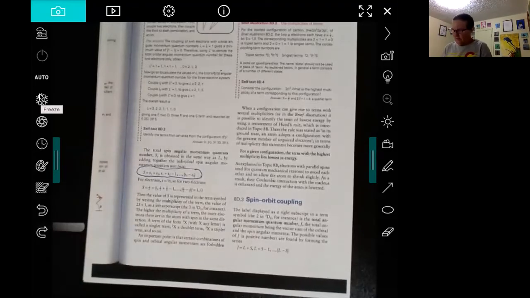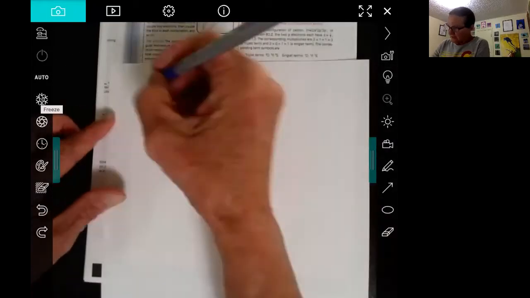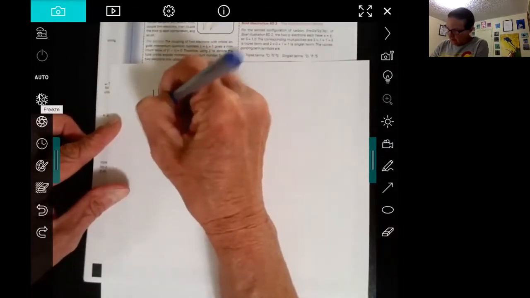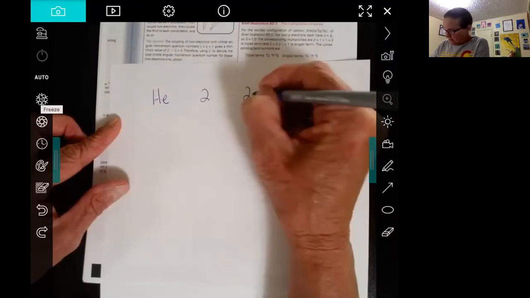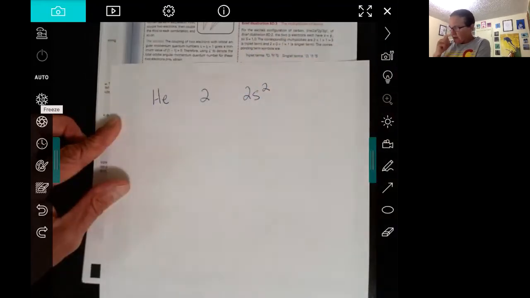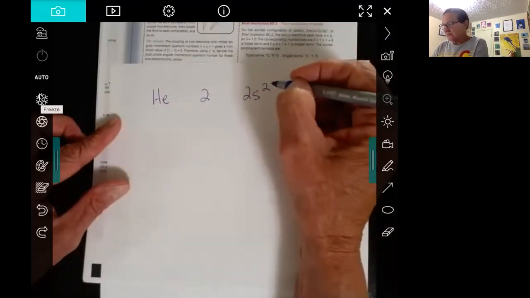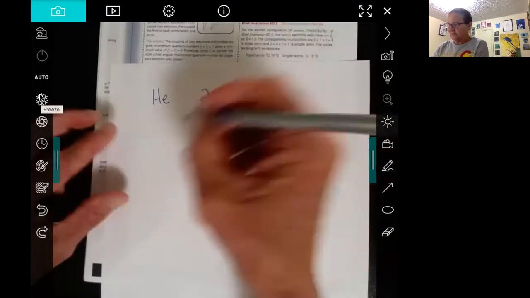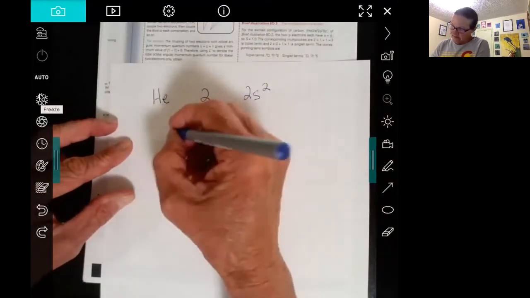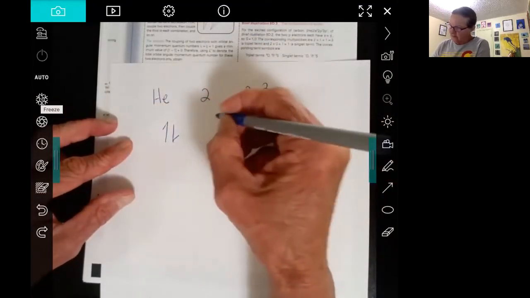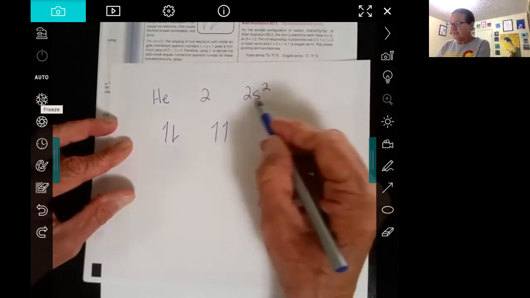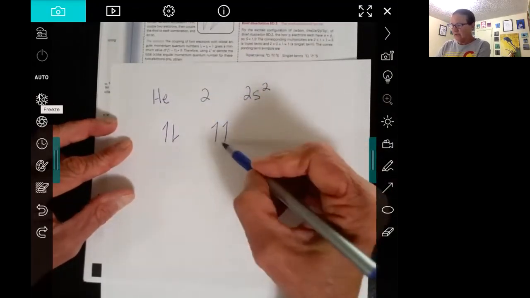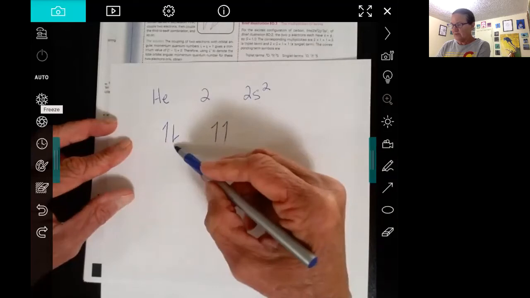So if we had, for example, a helium atom with 2 electrons, so that's going to be a 1s2. If we look at the possible spins, we have 2 electrons, and they can either be anti-parallel or parallel. But because they're in the same orbital, you can't have this situation. They have to be paired up.